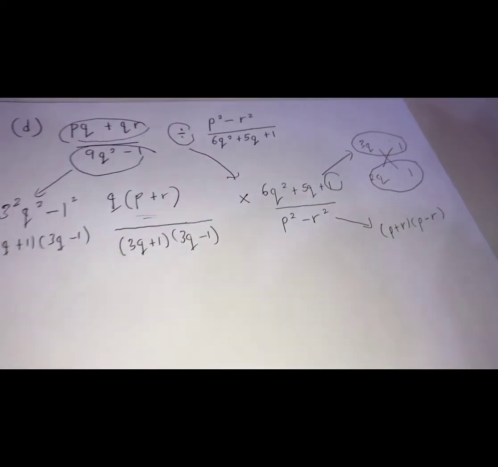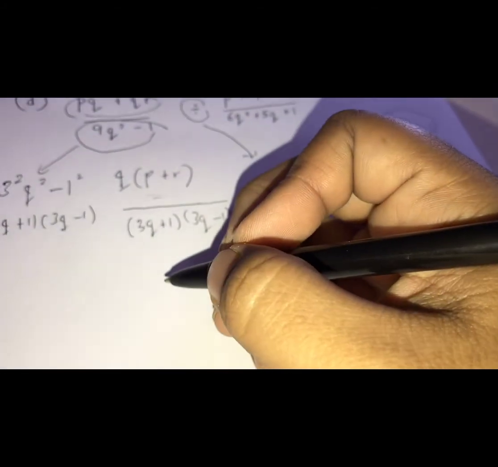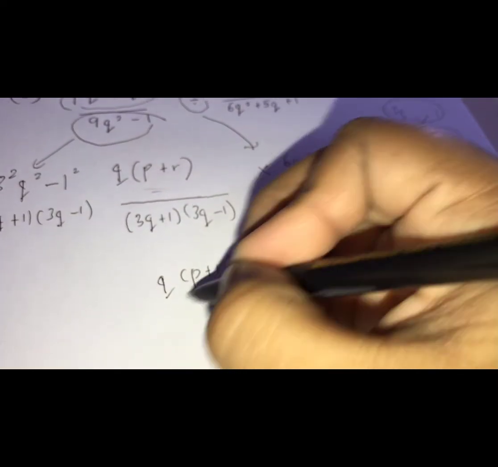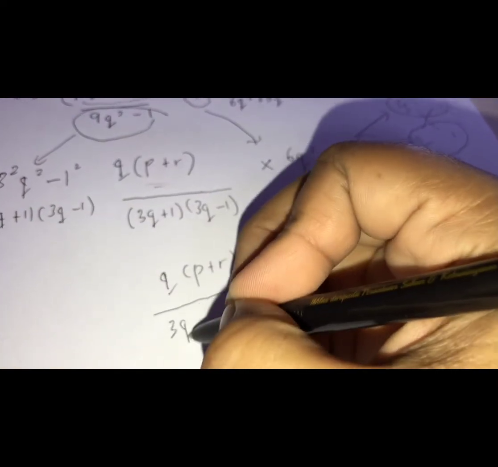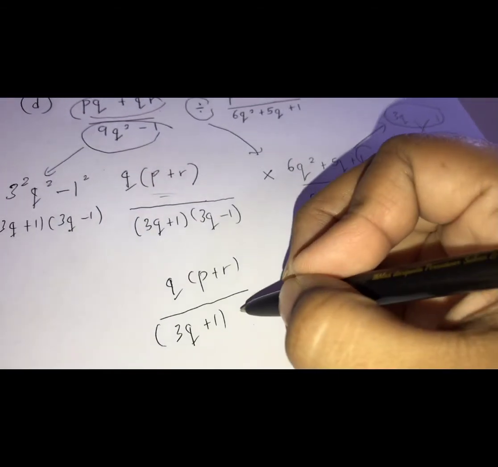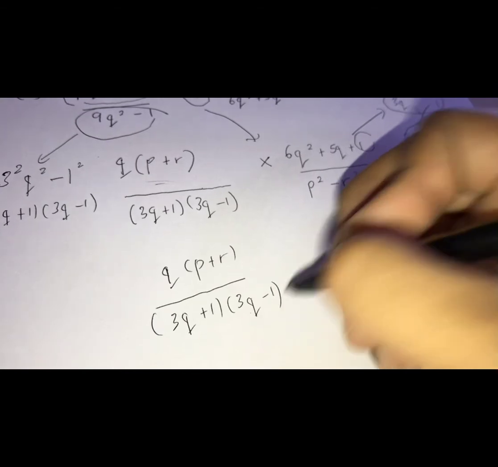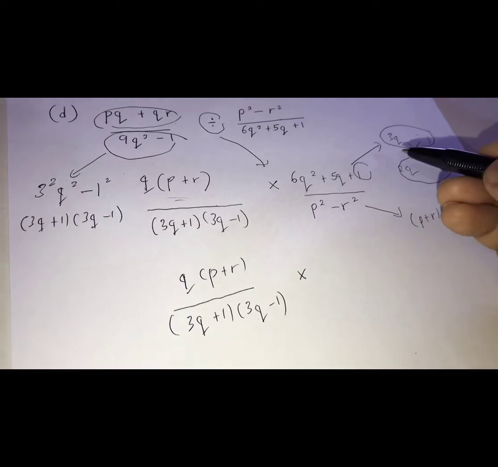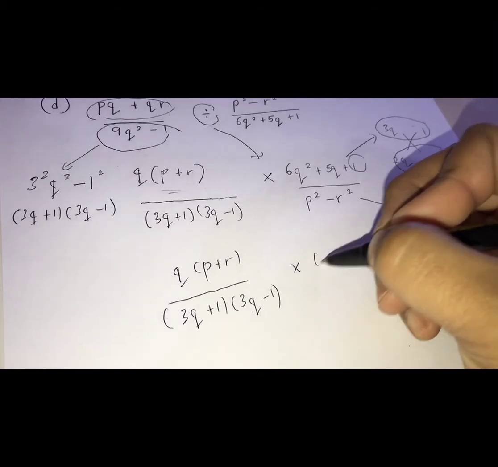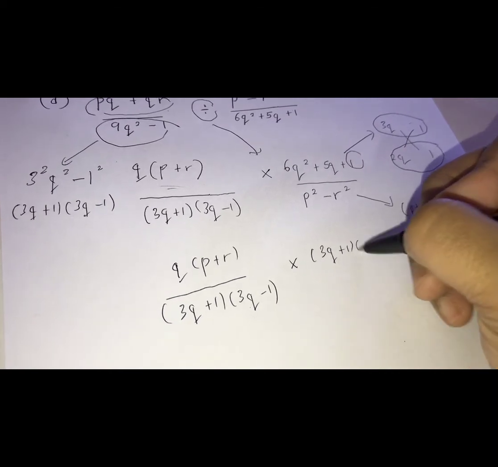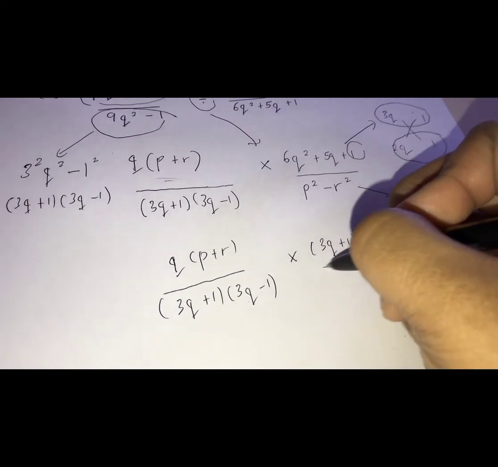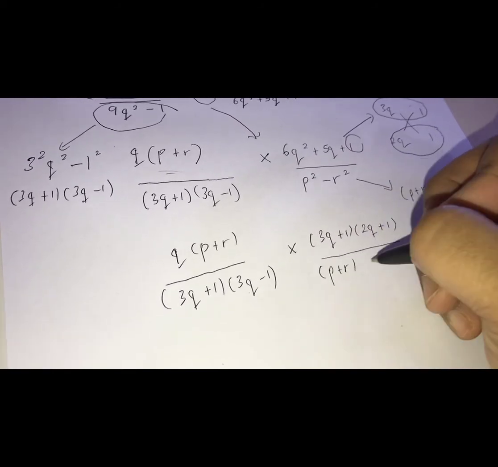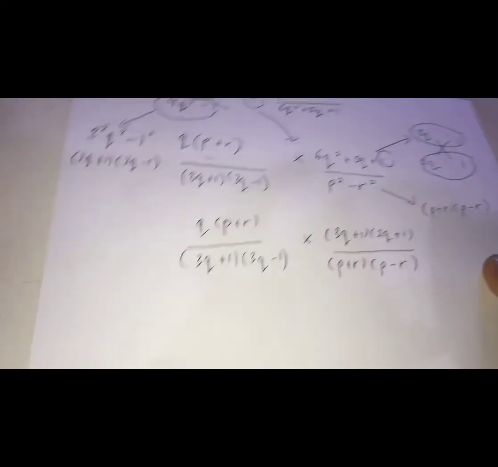Then you copy back: Q(P plus R) over (3Q plus 1)(3Q minus 1), times, in the form of factorization, (3Q plus 1)(2Q plus 1) over (P plus R)(P minus R). So you finish factorizing.